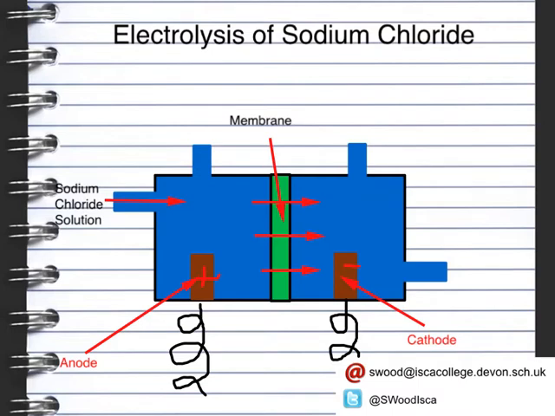What will happen is from the anode, we will have something given out here. This is a gas, which is chlorine gas, which means that on this side we have something else that's given out.